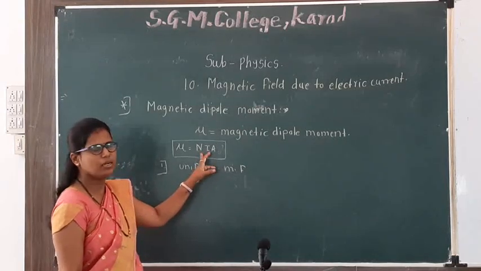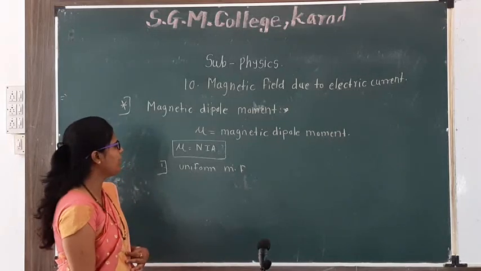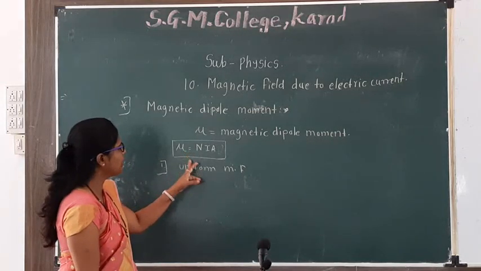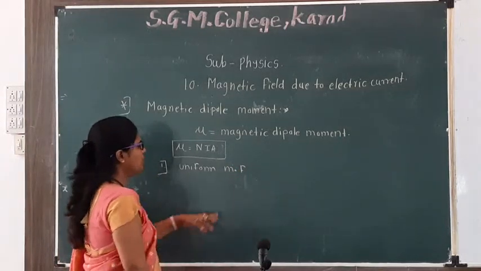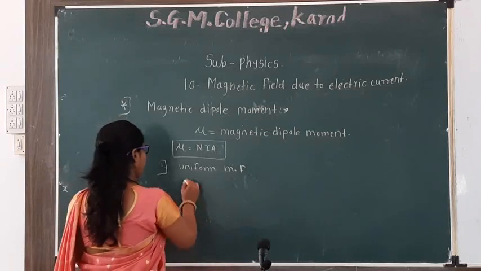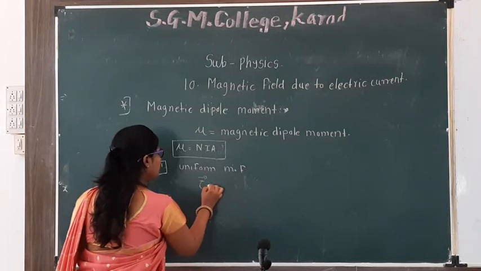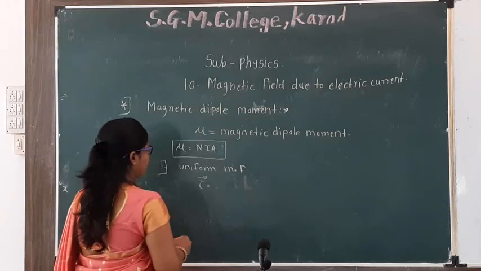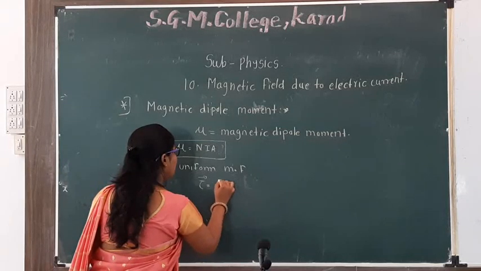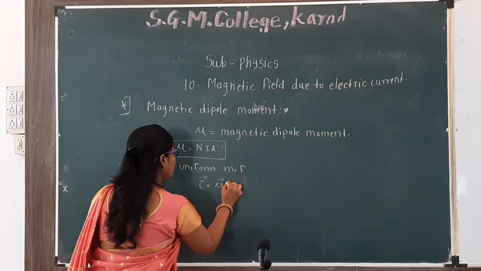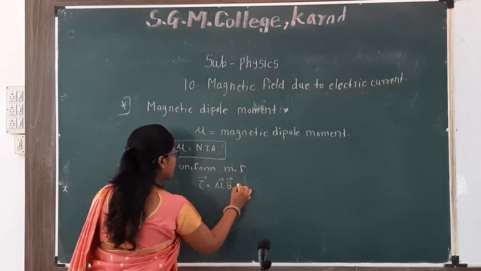Vector tau, the torque, is equal to vector mu cross vector B, with sin theta.